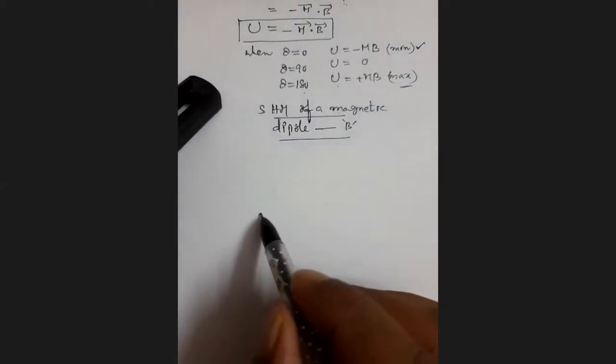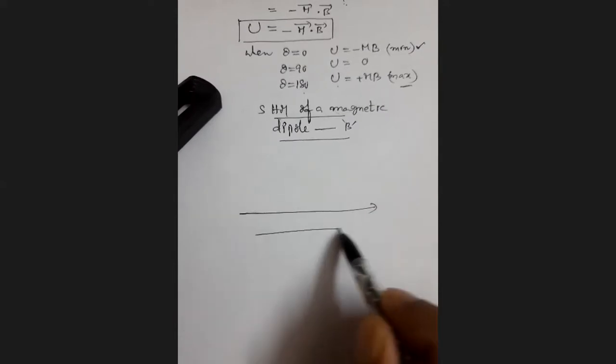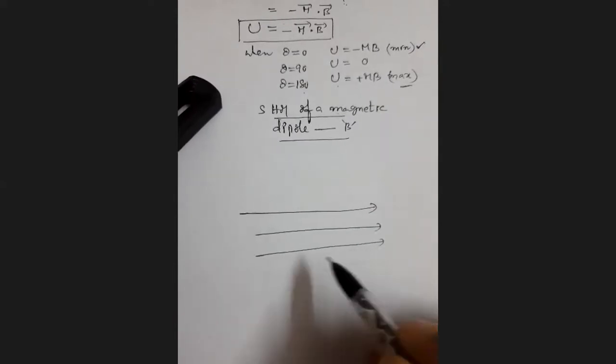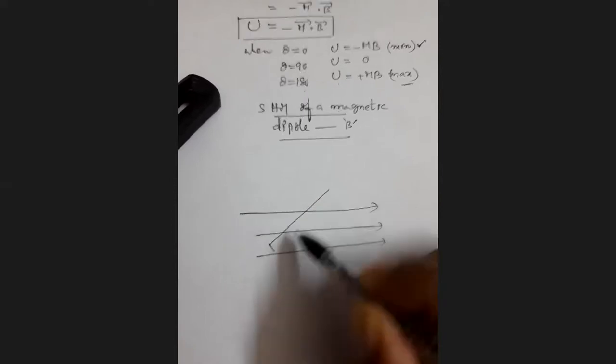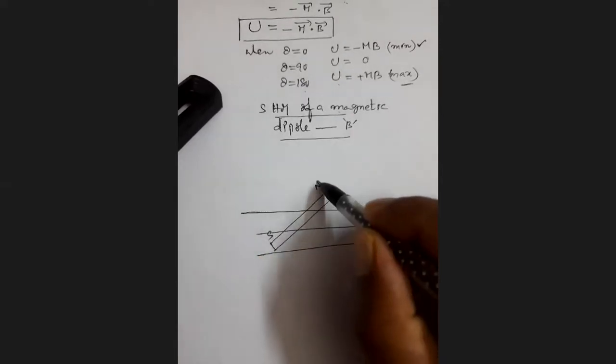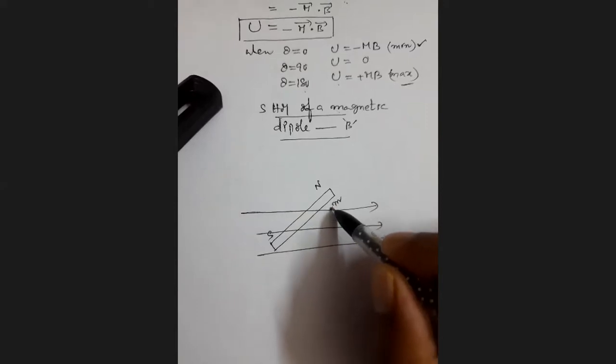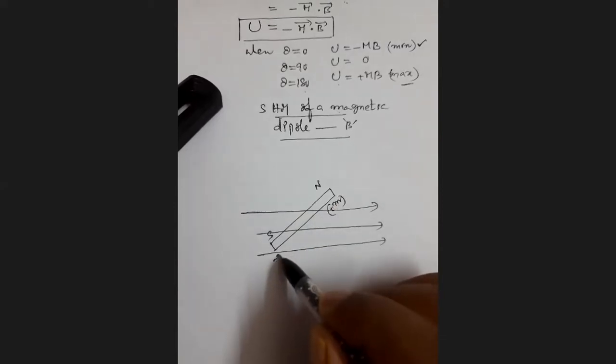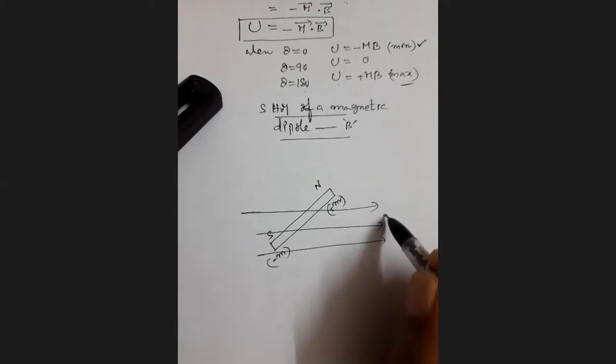So here, we draw the figure. A bar magnet is equivalent to a magnetic dipole, right? It has a south pole and a north pole, pole strength M taken as positive here, and pole strength minus M there. The field strength is B bar.